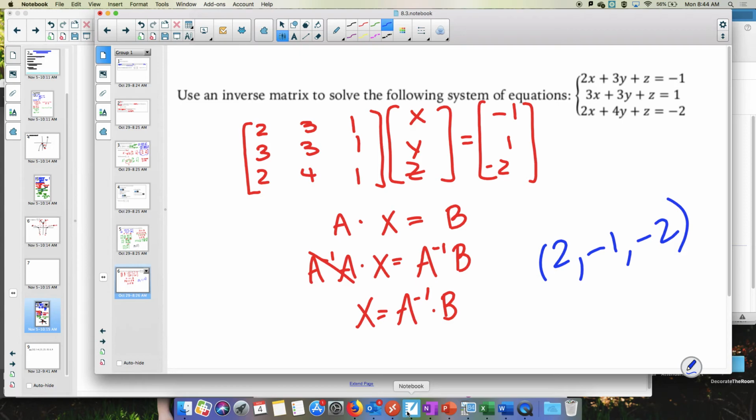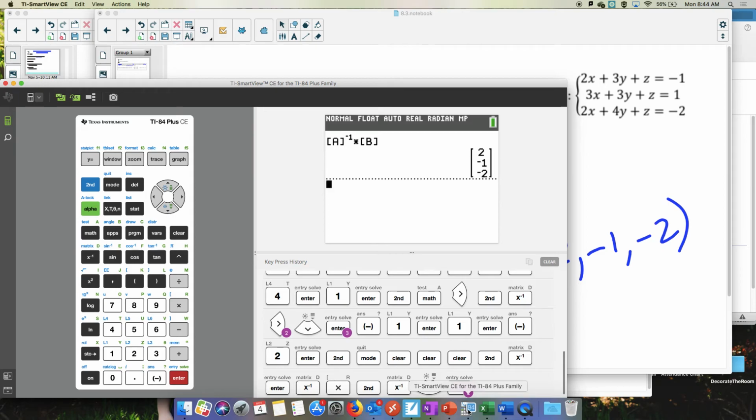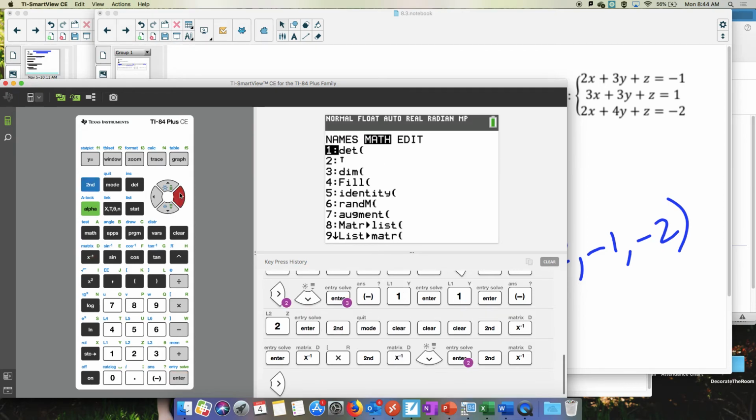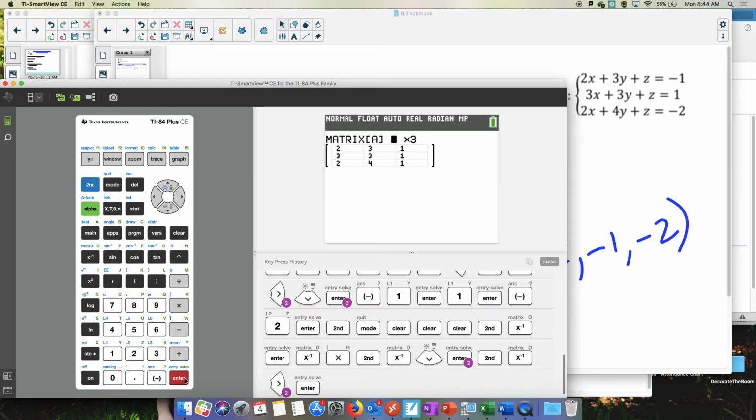Yeah? Is anyone else saying that? Okay, let's go to matrix A for me. You have 2, 3, 1 for your first row. 3, 3, 1 for your second row. 2, 4, 1 for your third row.